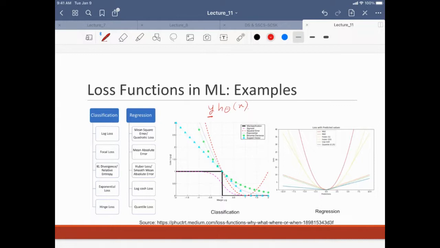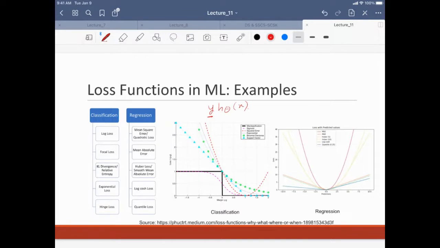In binary classification, you have your y to be either +1 or -1, and your h theta of x is typically a probability or something like that. So it's a prediction of what your model's output is for a given x. If your h theta of x is greater than 0, that means you're predicting it to be a positive, and if it's less than 0, you're predicting it to be a negative.